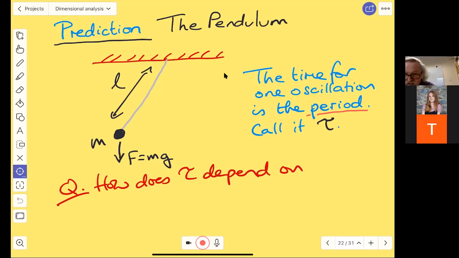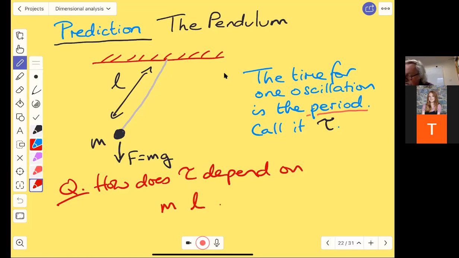What we want to think about is how the period of the pendulum, which is a time, I'm going to call it by the letter tau. I don't want to call it capital T because in this talk, I'm using that exclusively for the dimension of time. So how does this period tau depend upon M, L, and G?